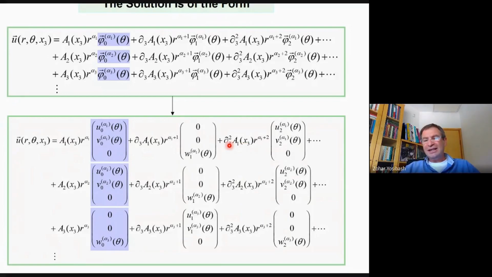And you can see that they become less and less singular, because if this will be 1/2, for example, for a crack, then the next term here will be 3/2, and the next term here will be 5/2, and so on. But we have now the entire structure of the solution in terms of 3D.